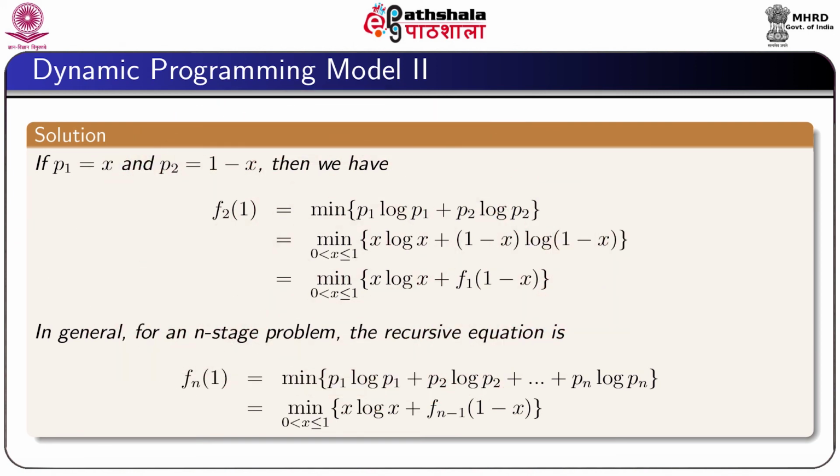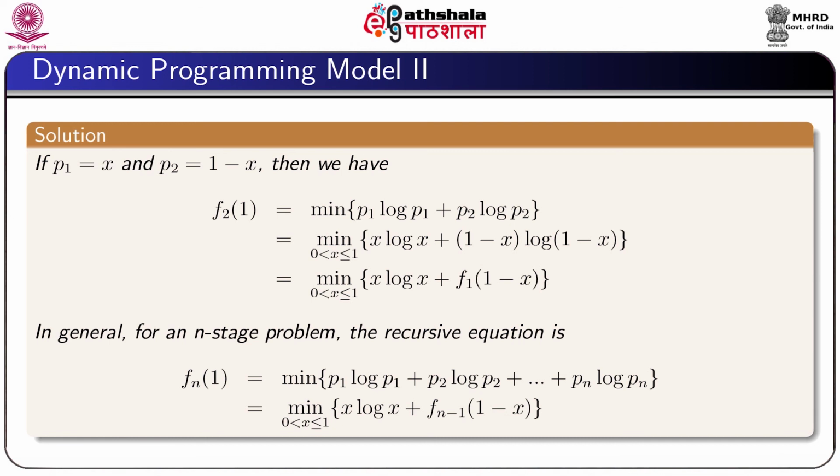If we put the values of p1 and p2, this is minimum of x log x plus (1 minus x) log (1 minus x), where 0 less than x less than or equal to 1. And this can be written as minimum of x log x plus f1(1 minus x), as f1(x) equals (1 minus x) log (1 minus x).